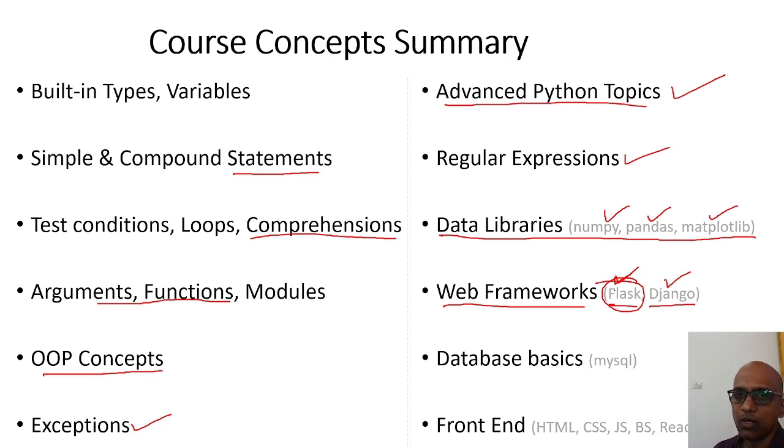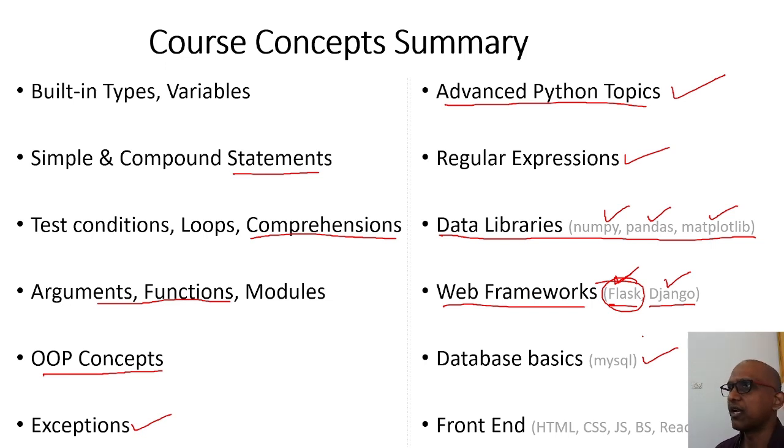Okay, so now the database concepts. Since you are choosing web development using Python, Flask and so on, every web development, whether you are using Java, .NET, C++ or Python, everywhere, you must have some understanding of databases.